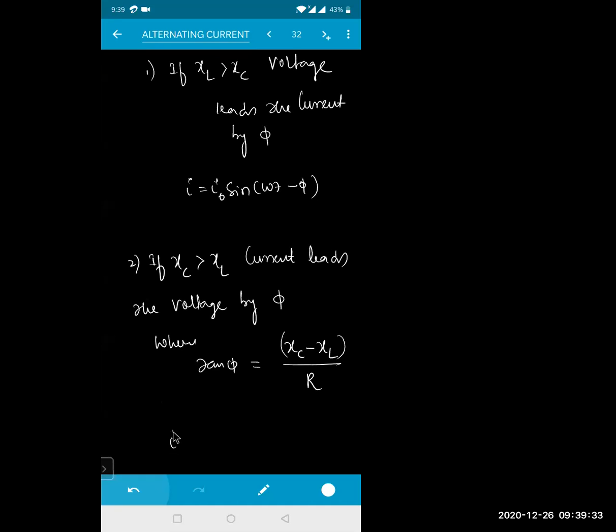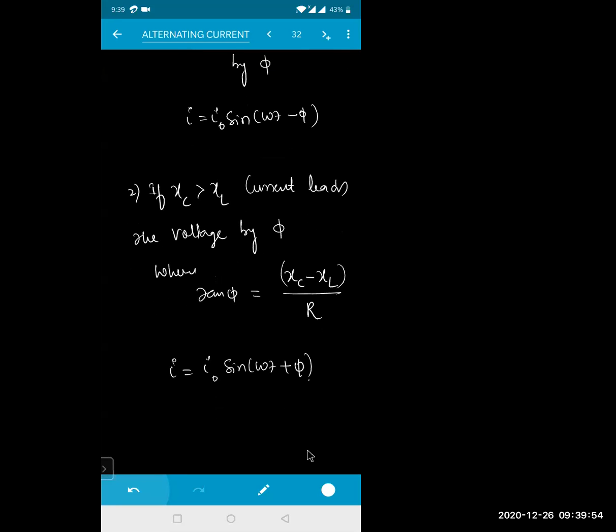So the current is I equals I naught into sine of omega t plus phi.